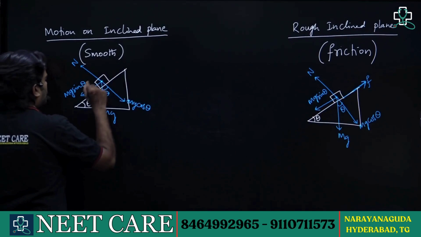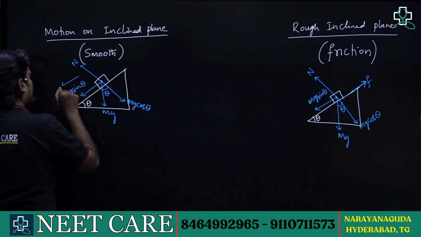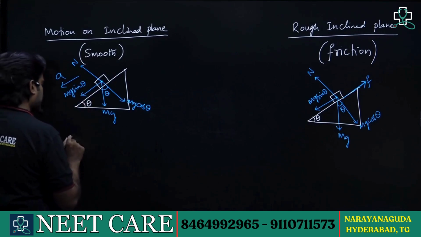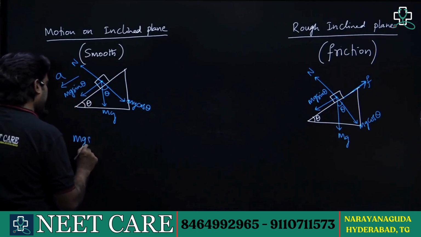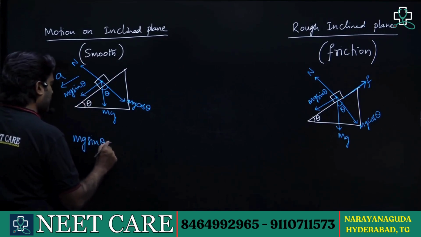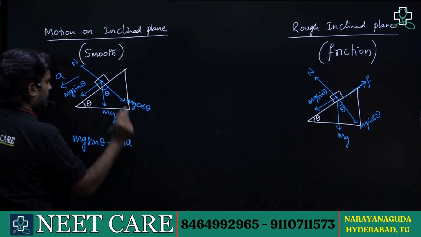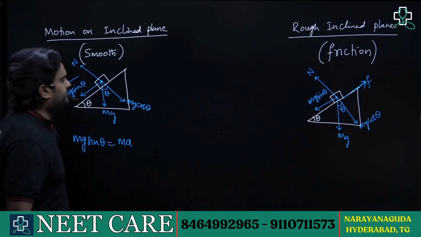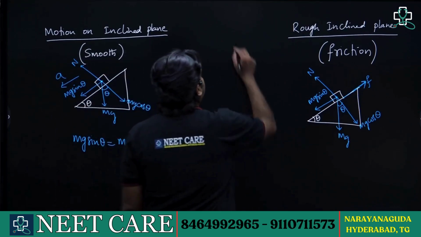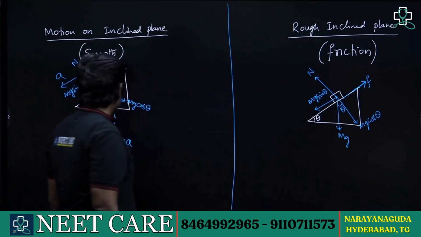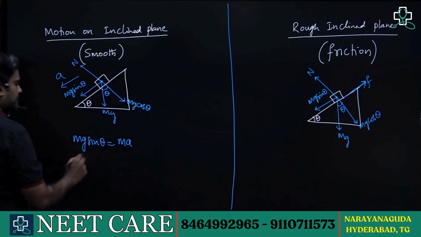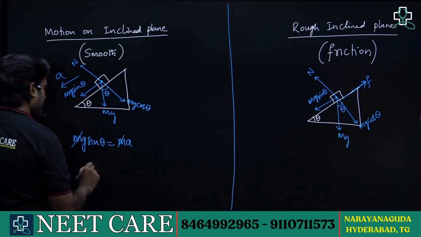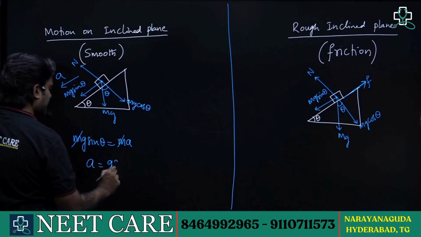Since there is no opposing force, on the smooth plane the block will 100% come down with acceleration. So you will write mg sin theta is equal to m into a, where m is the mass of the block. Cancelling m and m, you can write a is equal to g sin theta.